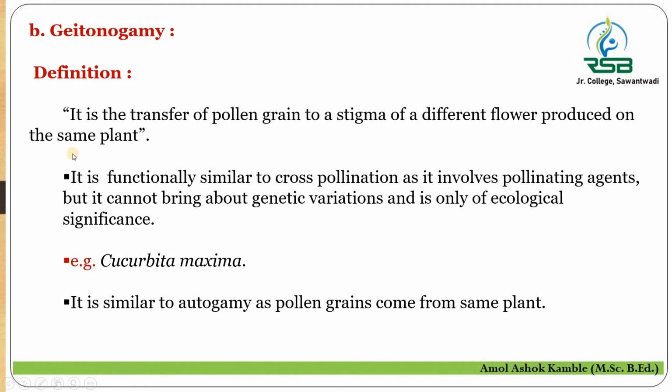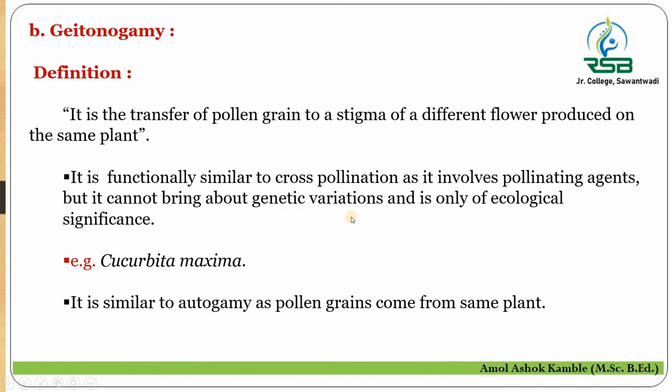This type, geitonogamy, is functionally similar to cross pollination, as it involves different types of pollinating agents, but it cannot bring genetic variations.